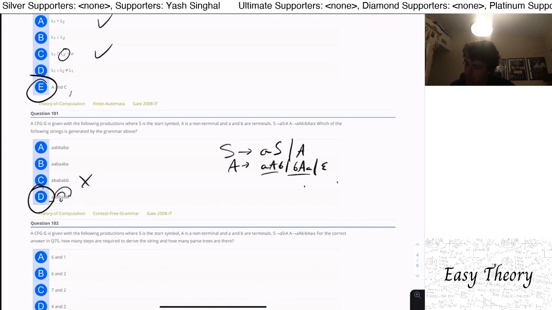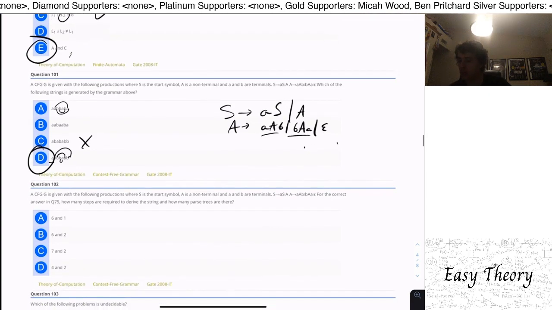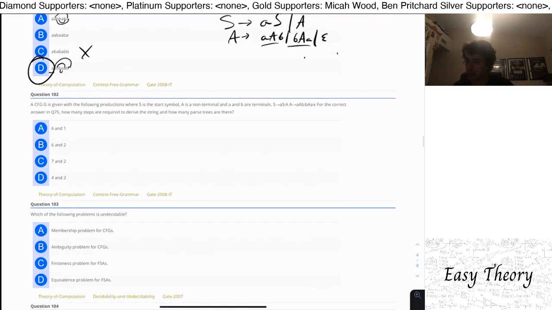So D, it can make. I don't think you can do it with the other ones because you can't find a pairing up, like for this one. You can't match this A with that A over there. And I'm sure the same is true of the B answer.